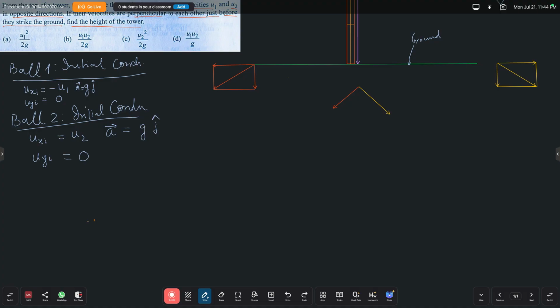Let's say at time t, the balls reach here. Since the balls are thrown in the horizontal direction from the same height, and initial velocity in the y direction was 0 for both, both balls will reach the ground at the same time.